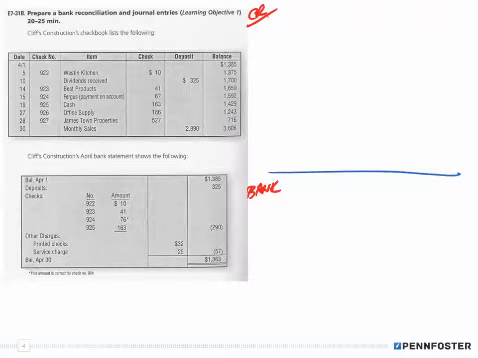The ending balance in our check register is 3,606. That's that number right there. Now, the balance on our bank statement is 1,363. That's that balance there.